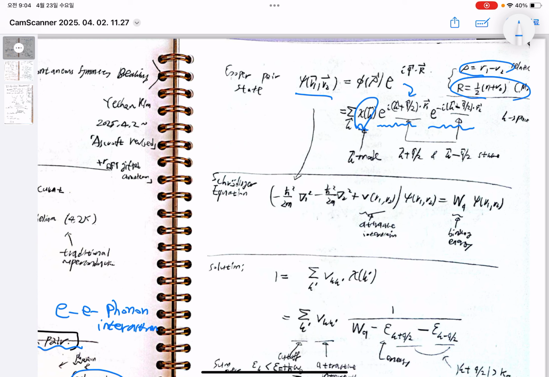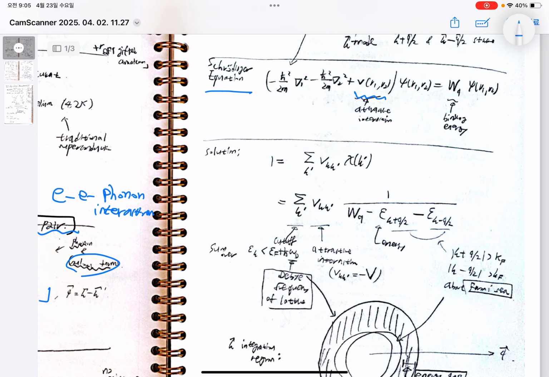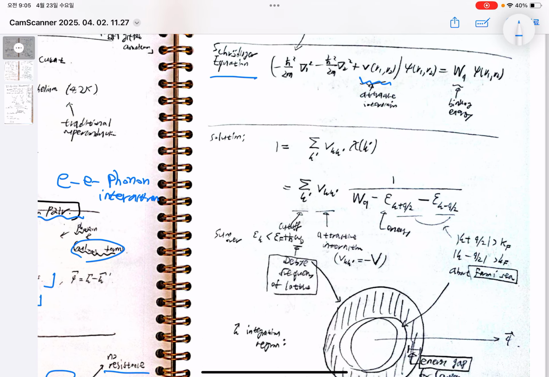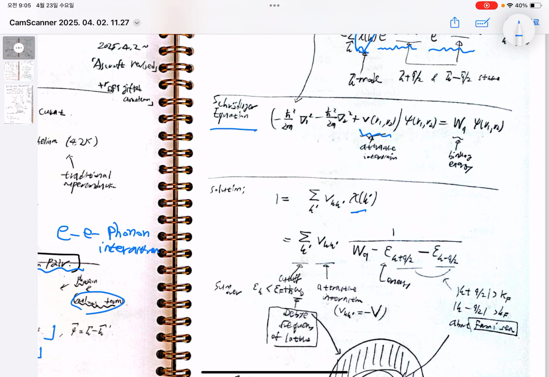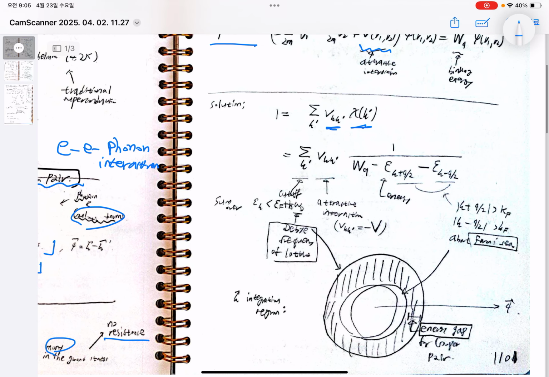This Cooper pair state satisfies the following Schrödinger equation. There will be the attractive interaction term, and the binding energy is on the right hand side. The solution of this equation of motion satisfies the following relation for the k mode wave function and the attractive interaction potential.